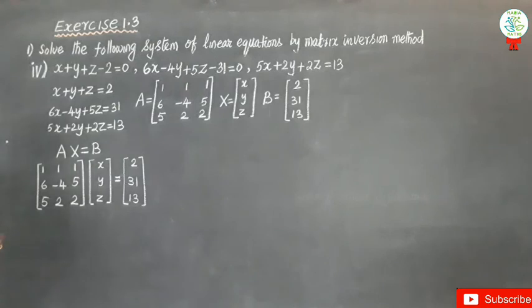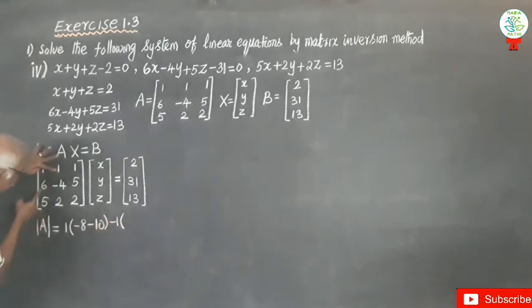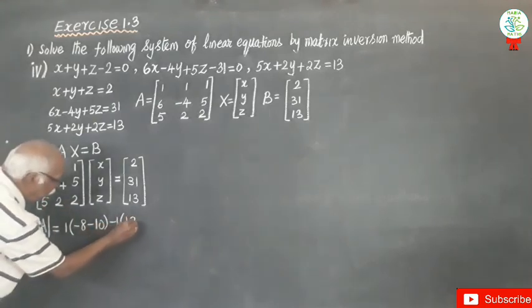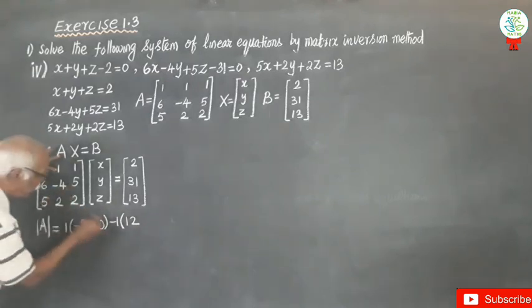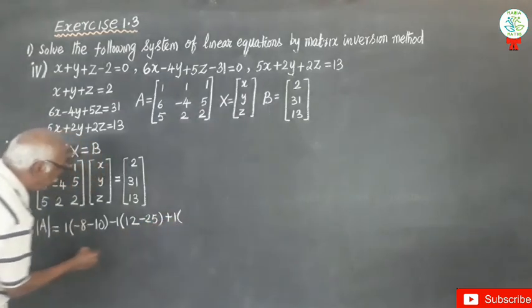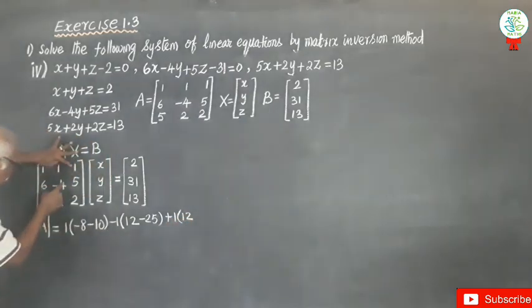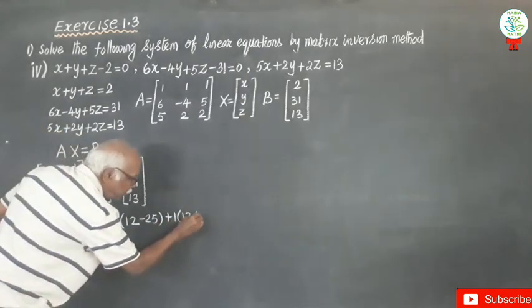Then find determinant A. Determinant A is equal to 1 into (minus 4 into 2, minus 8, minus 2 into 5, 10), minus 1 into (6 into 2, 12, minus 5 into 5, 25), plus 1 into (6 into 2, 12, minus 20).